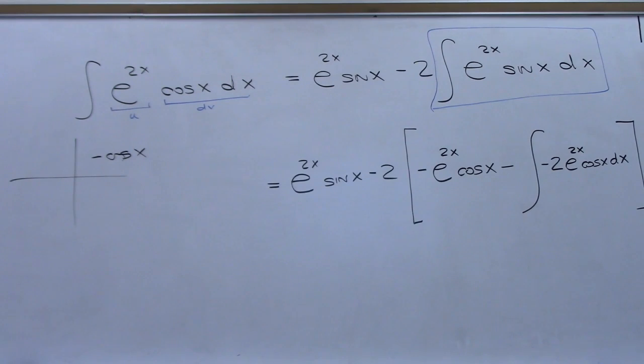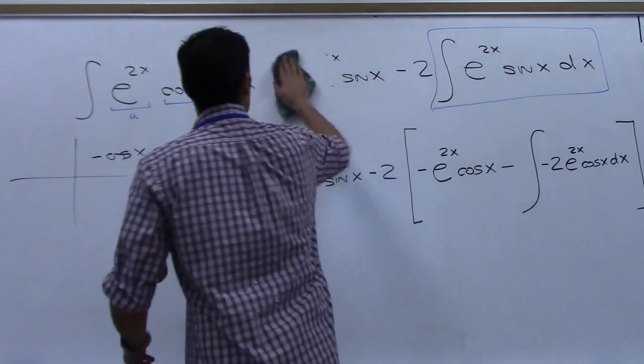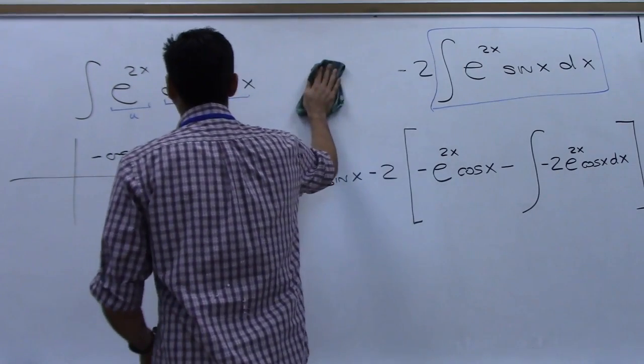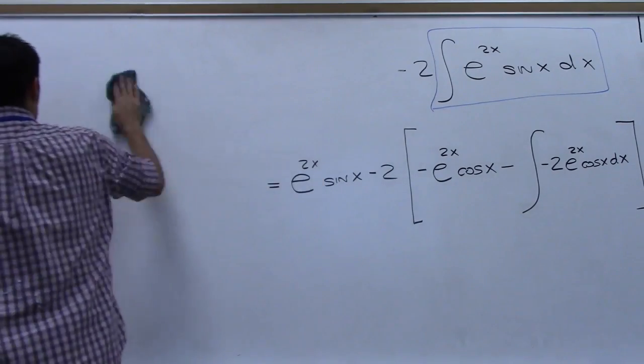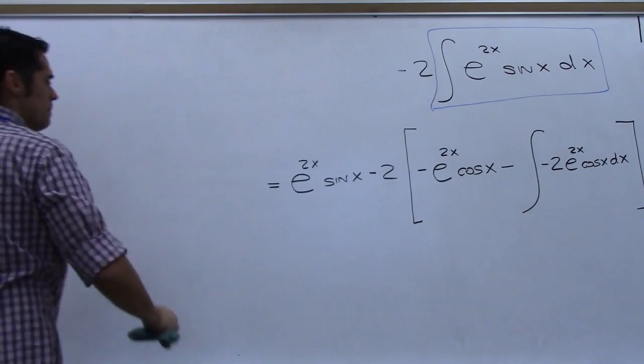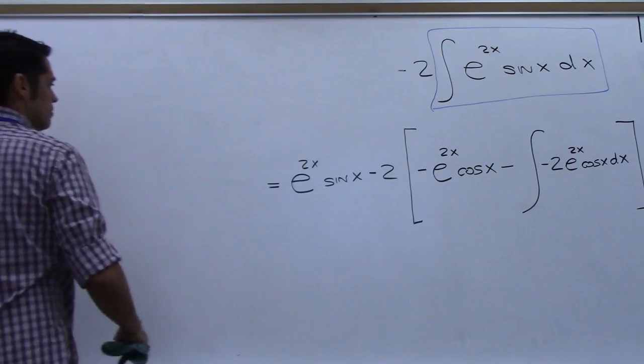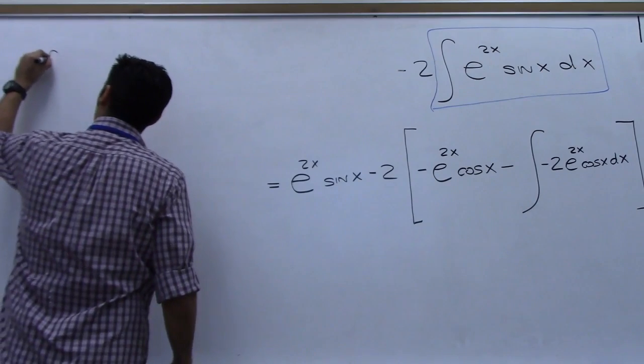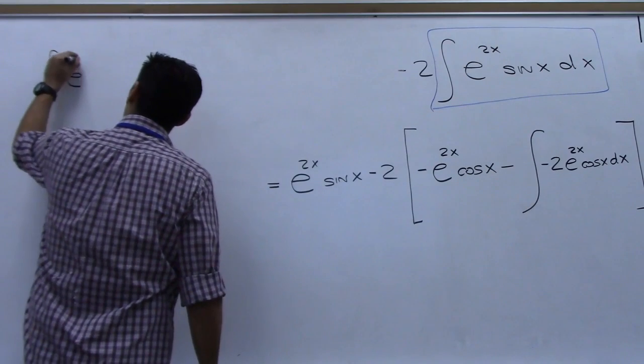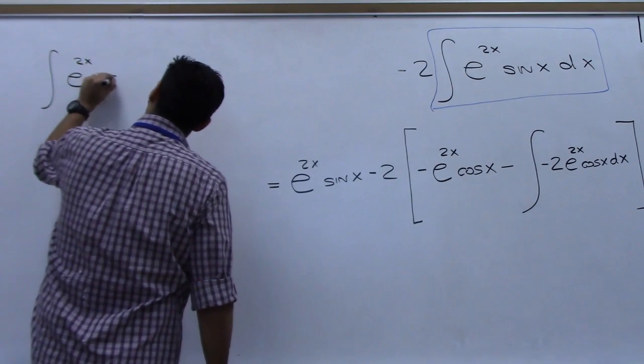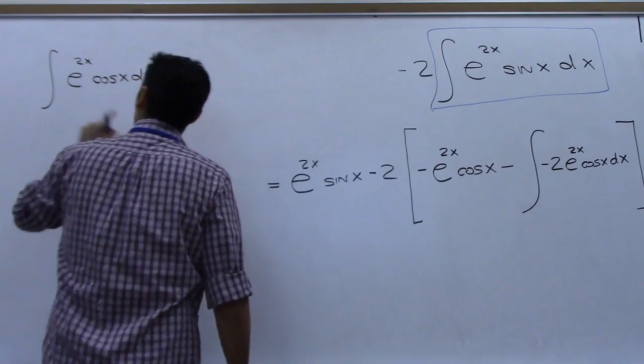Sound good? All right, so I'm going to rewrite this. I'm going to put it right here. And you know what? I want you to do this also. On your next line, I want you to write down the original problem, which was this. This is what we're trying to figure out.